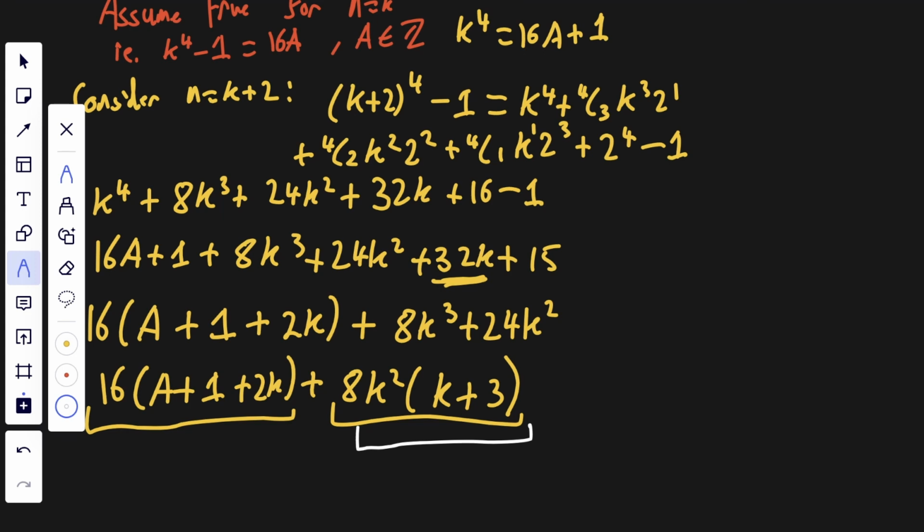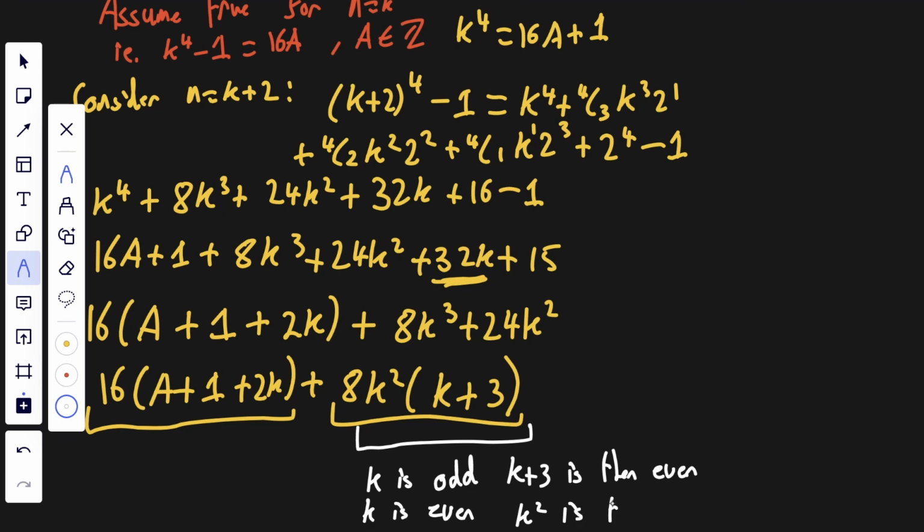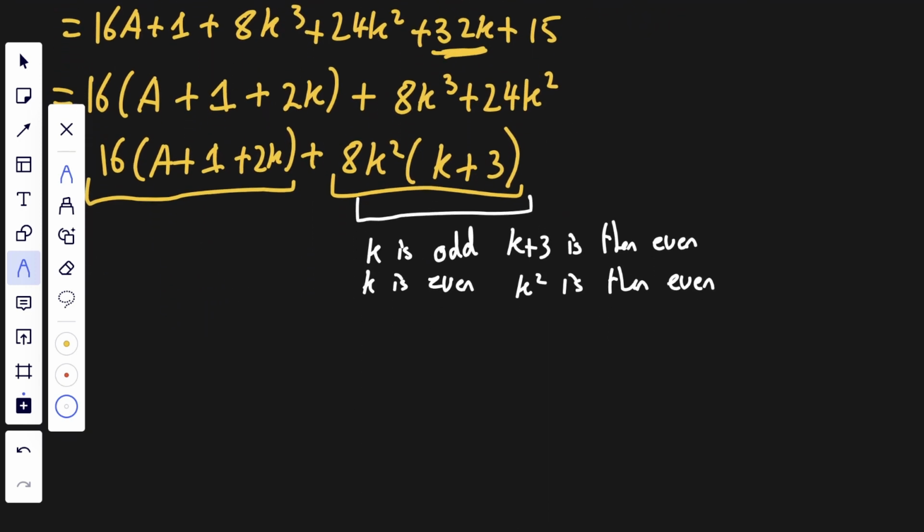So we're trying to show that k squared times k plus 3 always has a factor of 2. So if k is odd, well, why would there be a factor of 2? Well, k plus 3 is then even. Okay, nice. And if k is even, well, we have k squared. So k squared is even. So we have a factor of 2, no matter what case we look at.